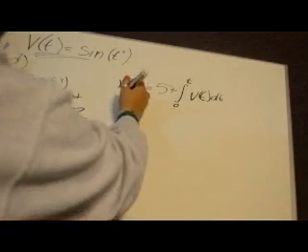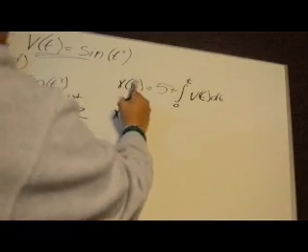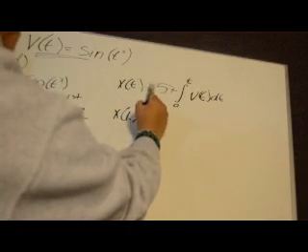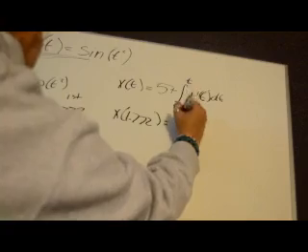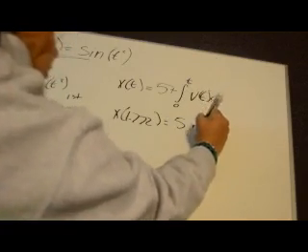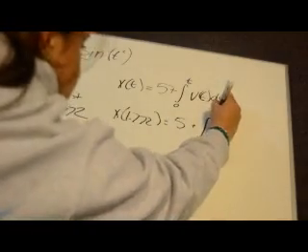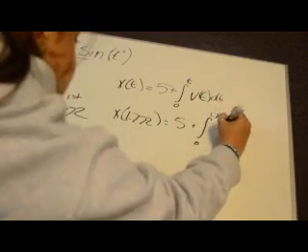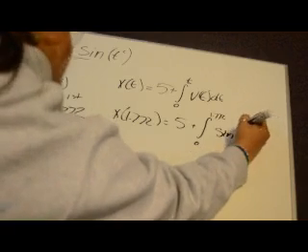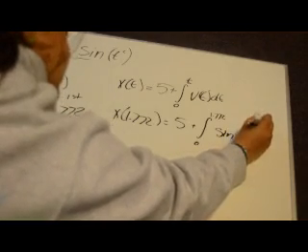So, let's say x of 1.772 equals 5 plus the integral from 0 to 1.772 of sine t squared.